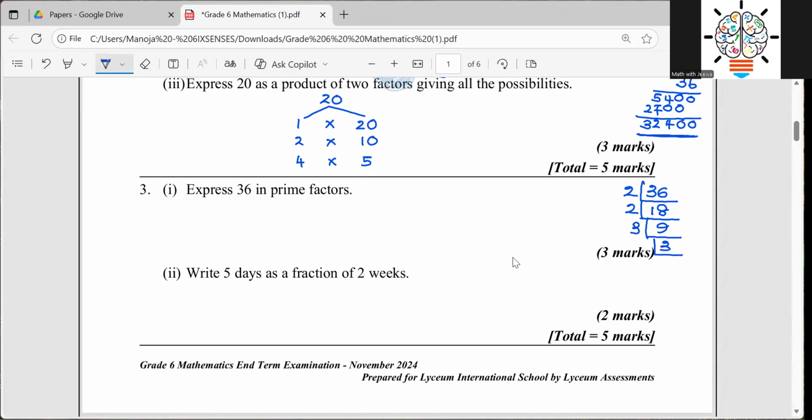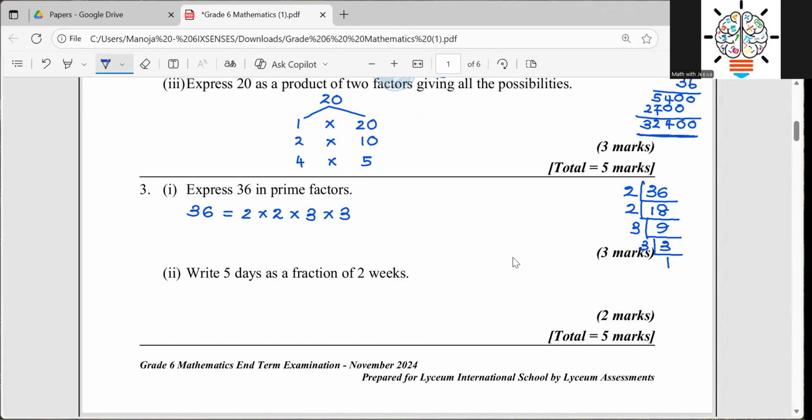Again, I divide this by 3 and it is 1. Until you get the answer 1, you divide like this. So you want to divide them by the prime numbers. You want to start from the lowest possible prime number. So then we can write 36. You write 2 times 2 times 3 times 3. 2 times 2, 4. 4 times 3, 12. 12 times 3, 36. Right?